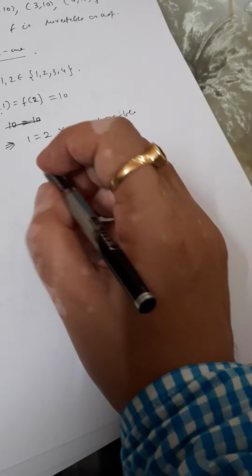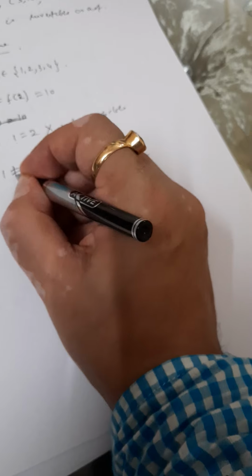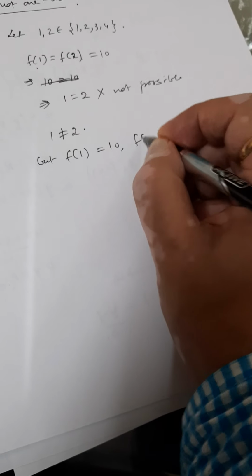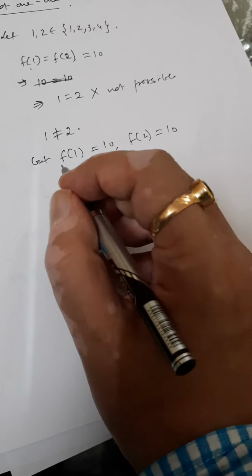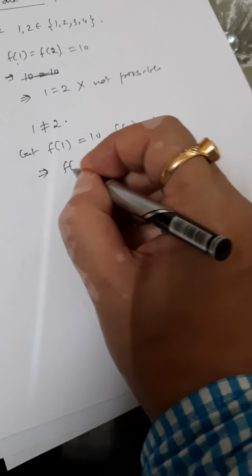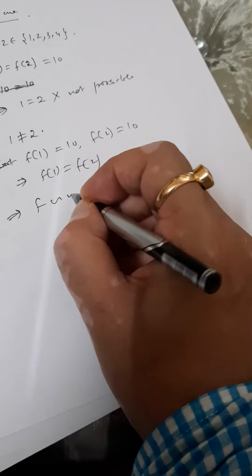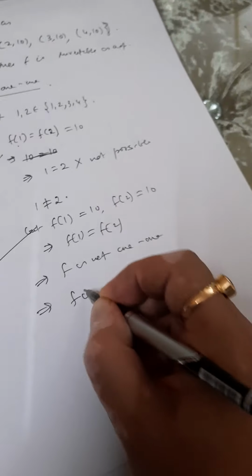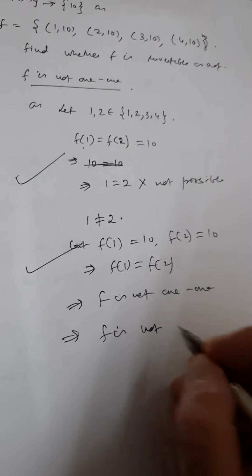You can see it that way also: 1 is not equal to 2, but f(1) is 10 and f(2) is 10, so you have f(1) equals f(2). So I have shown both ways. So f is not 1-1. Hence, f is not invertible.